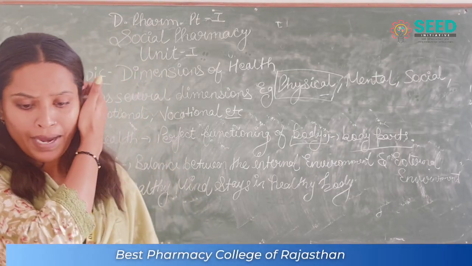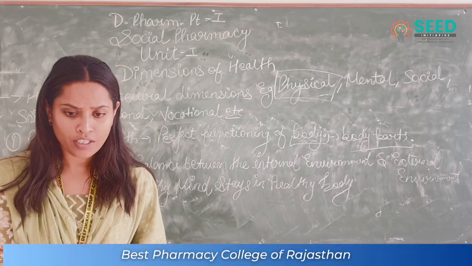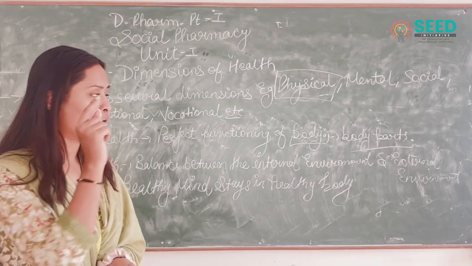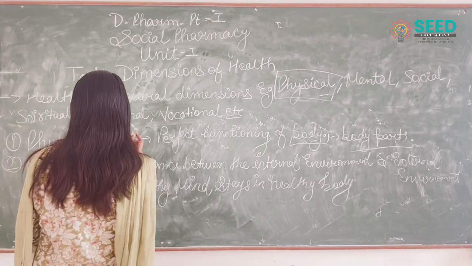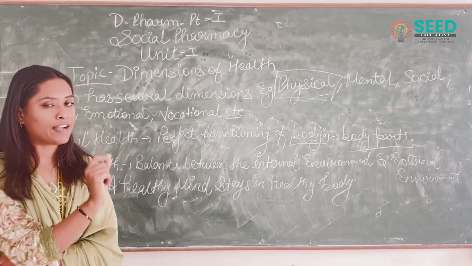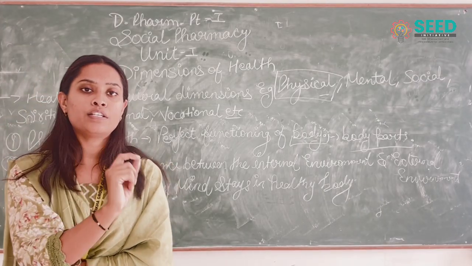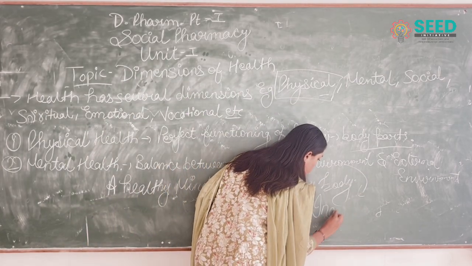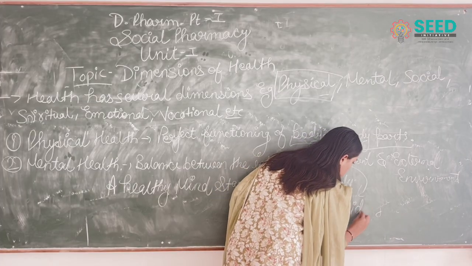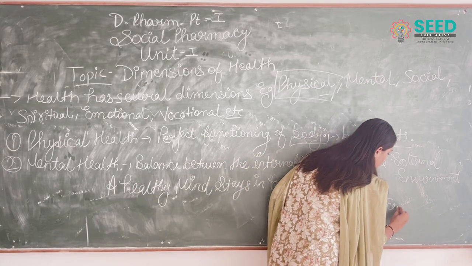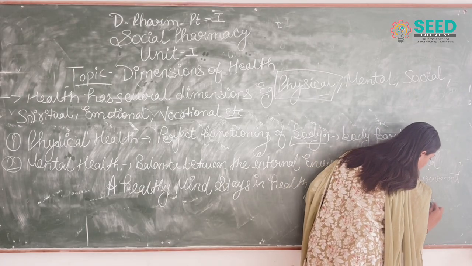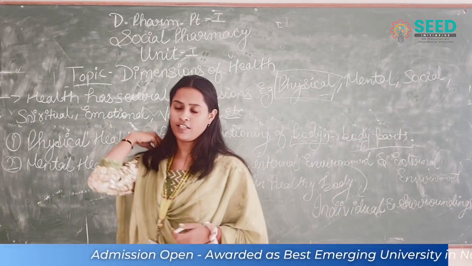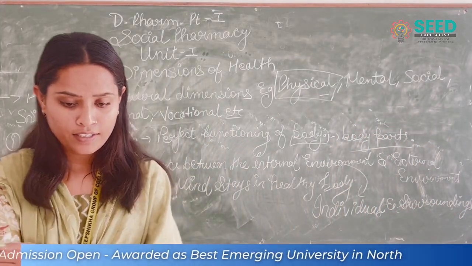Mental health is defined as a state of harmony or balance between the individual and surroundings. As I already mentioned, it is the balance between the internal environment and the external environment, which can also be told as individual and surroundings.